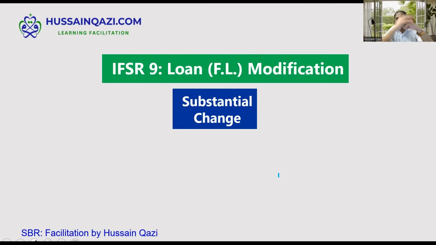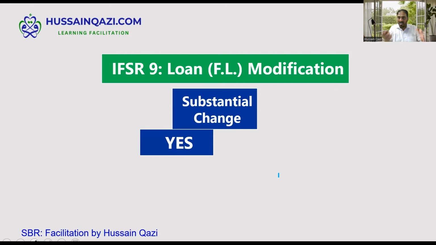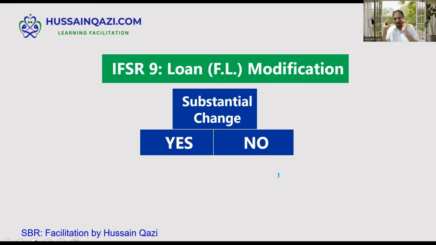IFRS 9 says that if loan modification happens, first of all, you need to assess whether the modification is substantial or not.